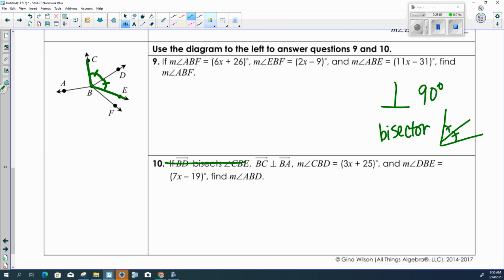Pause. That actually means perpendicular. Okay, what does perpendicular mean? They create 90-degree angles. So let's go find BC. BC is here again. BA is here. So what kind of angle is that going to be? A right angle.